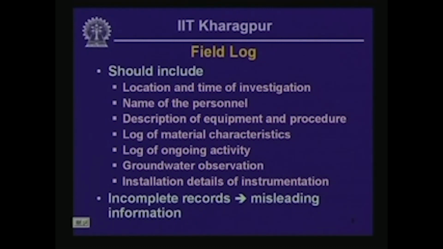So, what are the different aspects that must be included in a subsurface investigation field report? First of all, the inspector should very clearly mention the exact location and time of investigation.